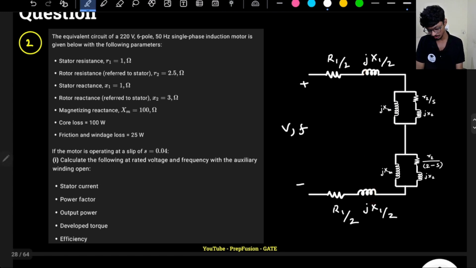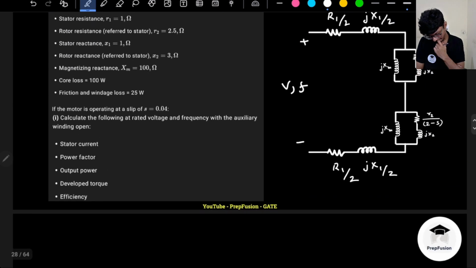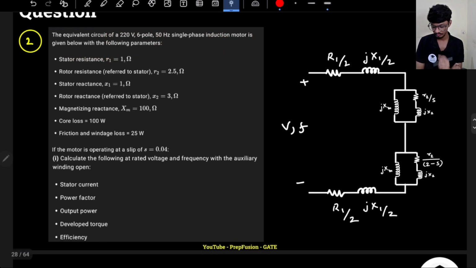It is a 220 volt supply with 50 hertz, and a single phase induction motor is given with the following parameters.